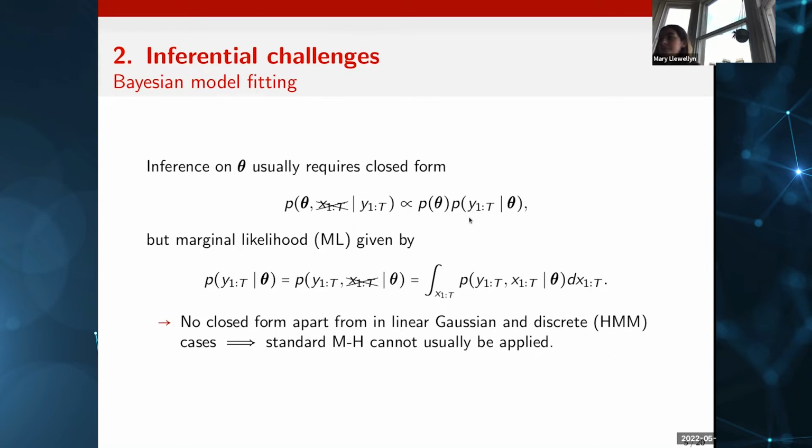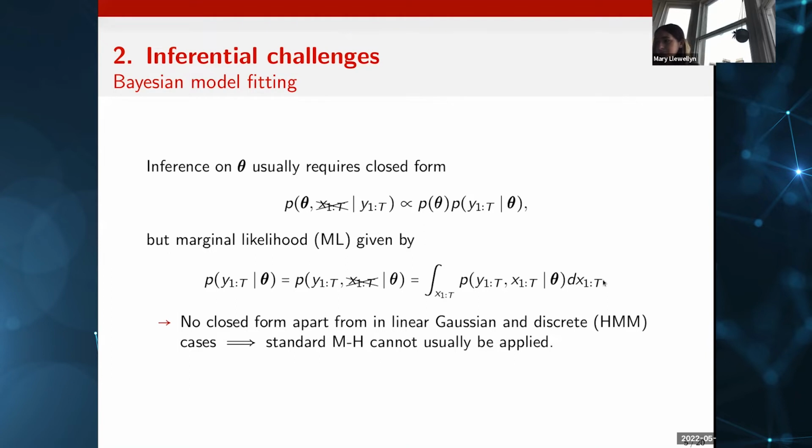So what I really want to focus on is this marginal likelihood term here, which is actually a source of a lot of issues when trying to fit the state-space model in this way. So here the marginal likelihood is given by the integral over the states of this joint distribution of the states and data given the parameters.